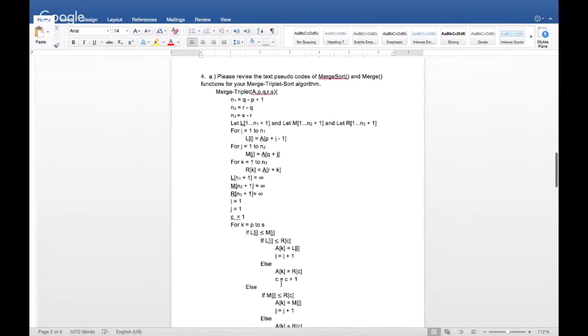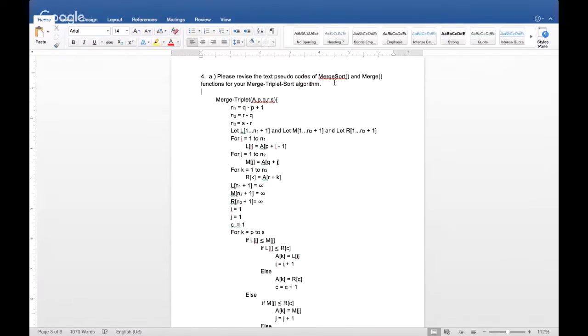So moving on, I'm going to do my best to walk through this code. Number 4 is: please revise the textbook pseudocode for merge sort and merge functions for your merge triple sort algorithm. Just a background, the book gives us merge sort and the merge function.